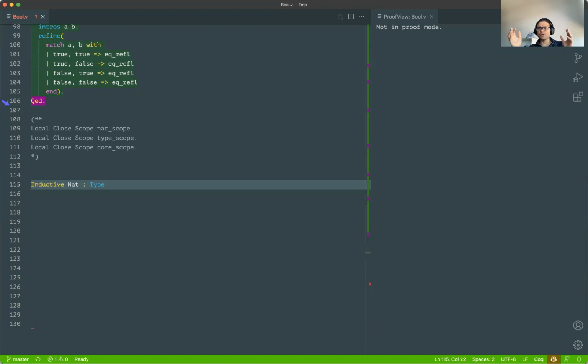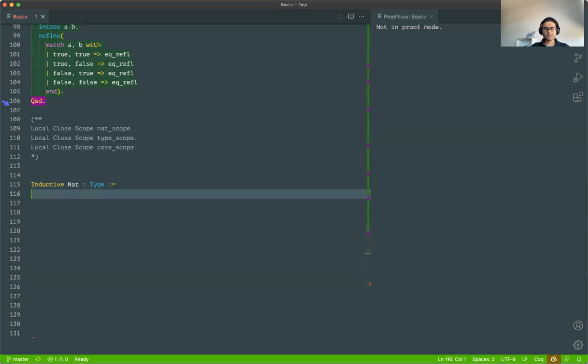I'm not going into more details of type theory, but if you are interested, just let me know and I will find a more capable person than me, and I'll post another video about type theory. But in this case, I'm saying inductive nat colon Type. So nat has type.